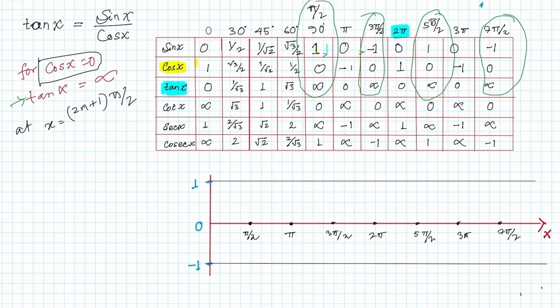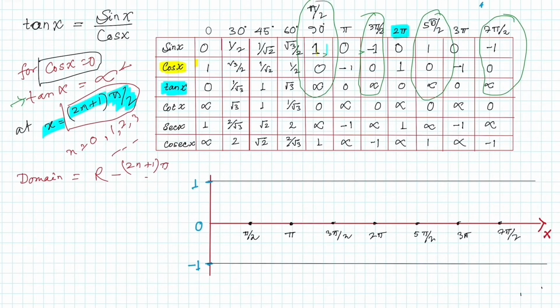So we can say tan x is not defined at x equal to (2n plus 1) into pi by 2, where n is equal to 0, 1, 2, 3, and so on. That's why the domain of tan x should be R minus these points, because here tan x is not defined. We cannot take those points where tan x is not defined.